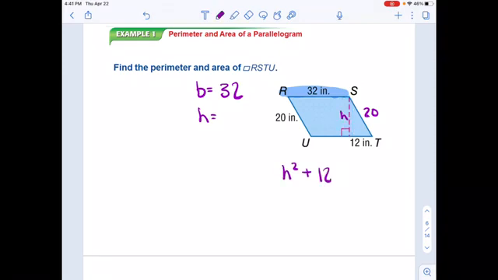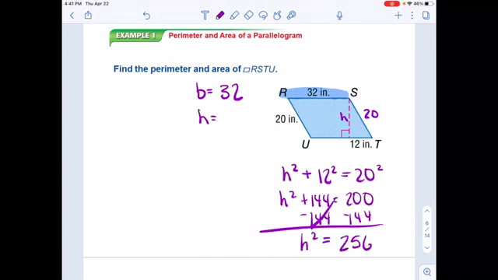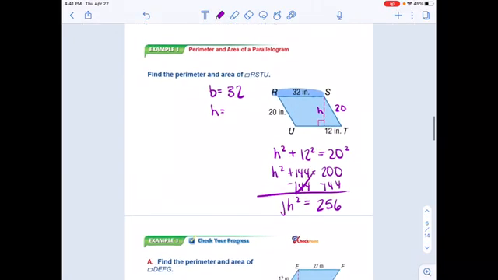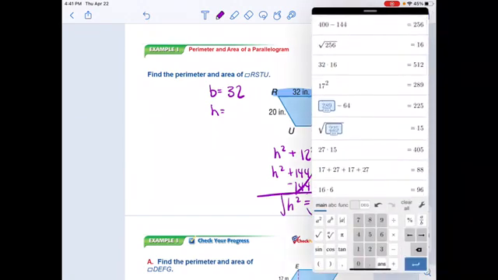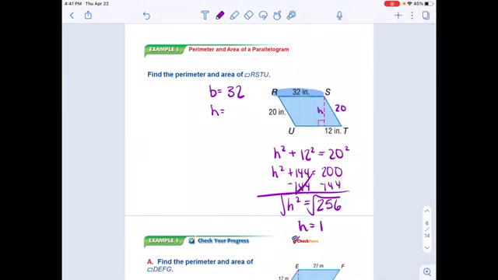So we have h squared plus 12 squared equals 20 squared. End up getting 256, I believe. And then the square root of 256 is 16. So our height is equal to 16.